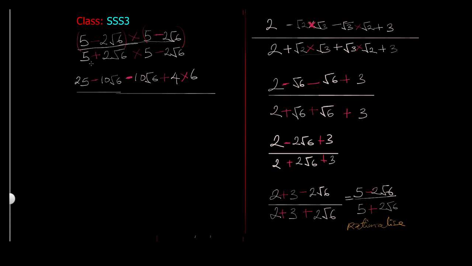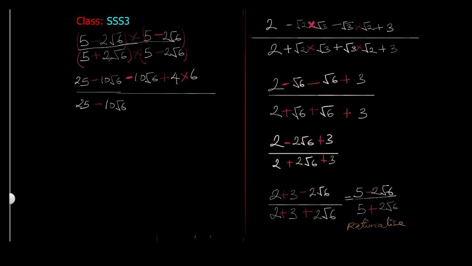Now, this 5 will also multiply, just like what we had there. 5 times 5 is 25, just like this bracket here. 5 times minus 2 root 6 is going to be minus 10 root 6.